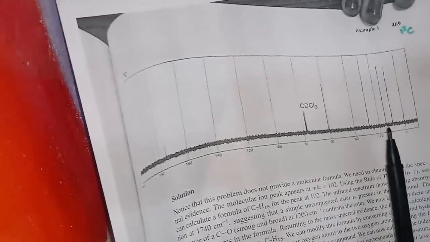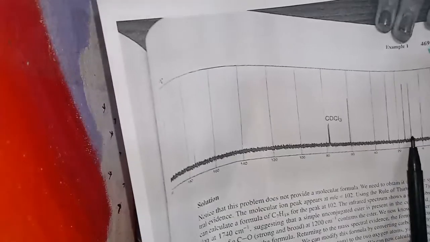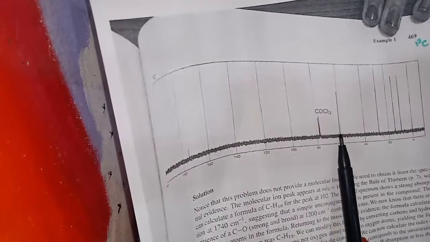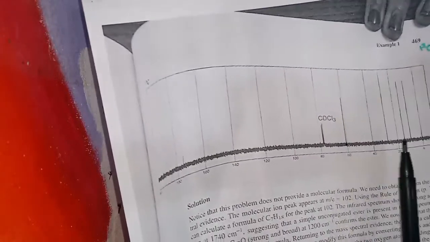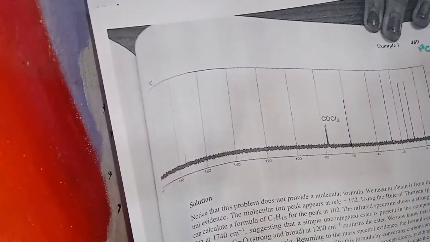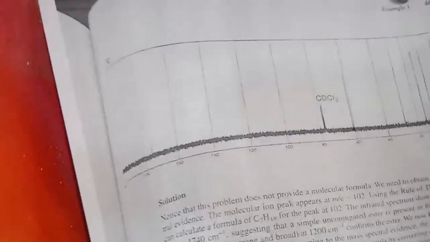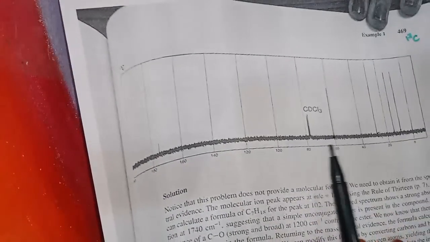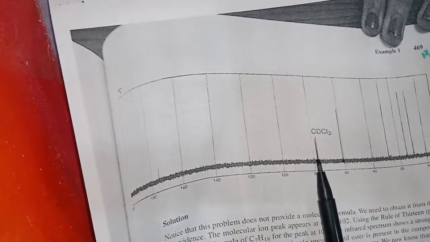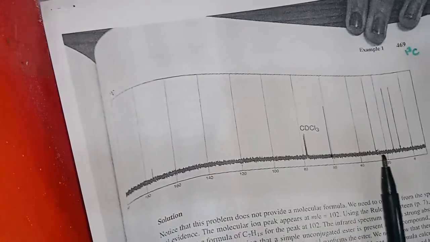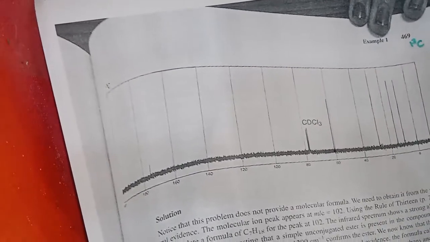Now here it shows a total of 5 peaks: 1, 2, 3, 4, 5. A total of 5 peaks can be seen. Once again I will show, this is the reference point. 1, 2, 3, 4 and 5 peaks are seen.